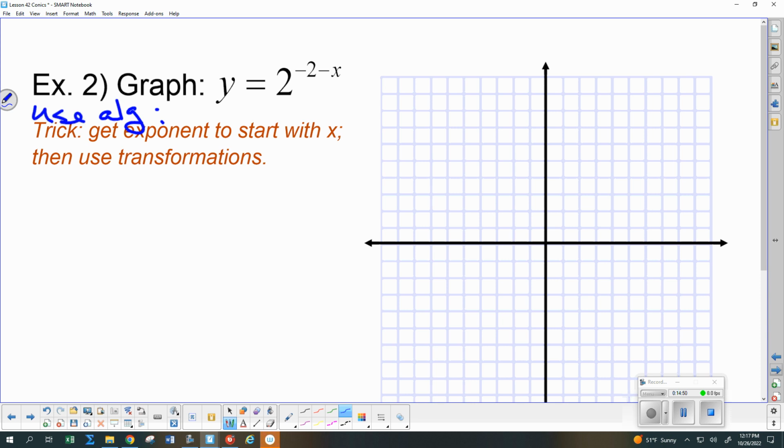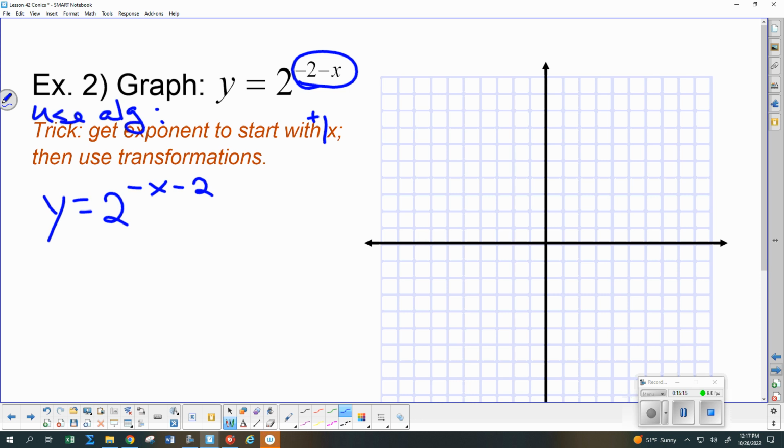manipulate things around so your exponent starts with a +1x. This one doesn't start with the x, and when we do get to an x, it's not a +1, it's a -1. So I'm going to think about that as y equals 2 to the -x minus 2.